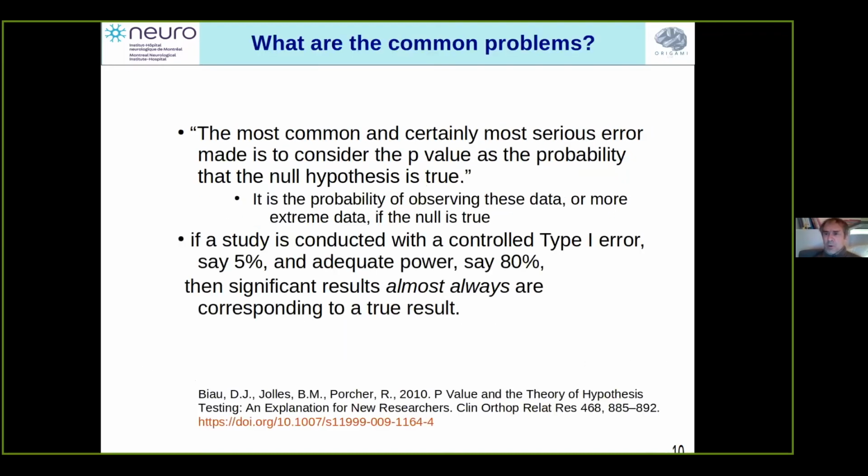So what are the common problems? The most common and certainly most serious one is to consider the p-value as the probability that the null hypothesis is true.